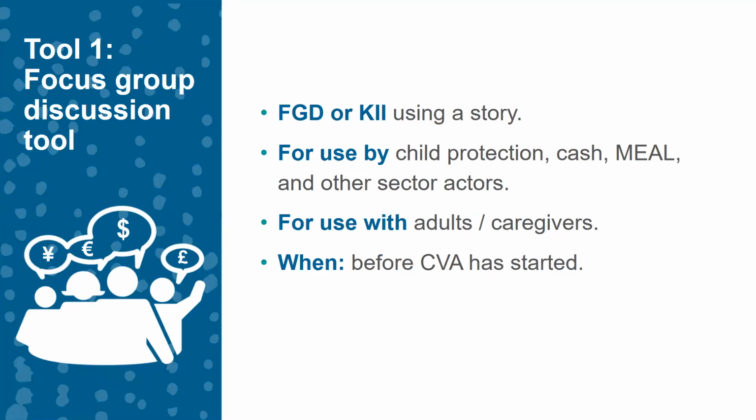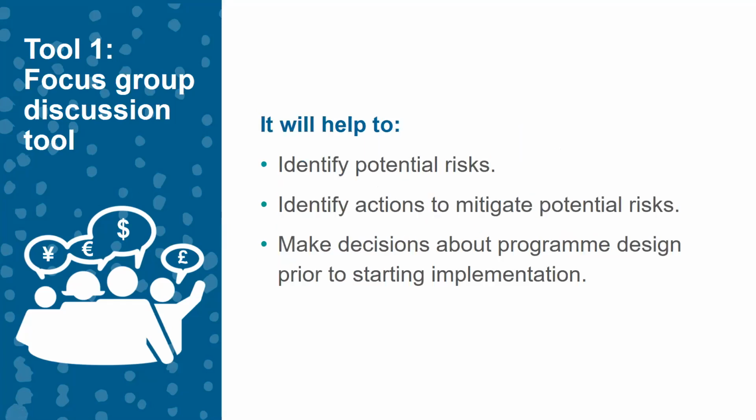As I mentioned, it has been designed to be used before a cash transfer has started, ideally a month before, so that it can first identify potential child protection risks, and therefore also help identify some potential actions to mitigate those risks, and to ensure that those are captured in time to potentially adapt the design of the cash transfers so that it really reflects those mitigation measures.